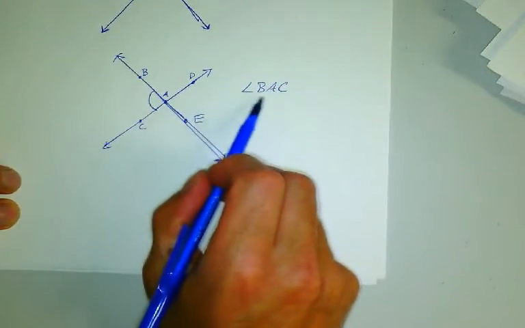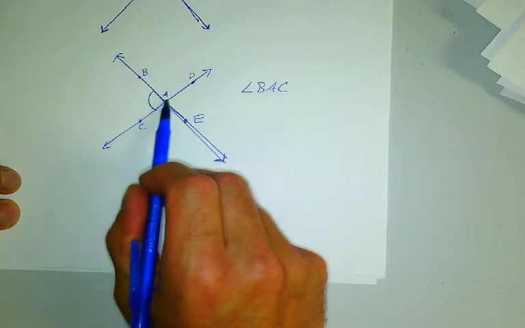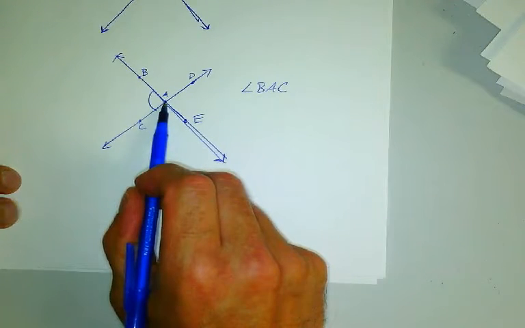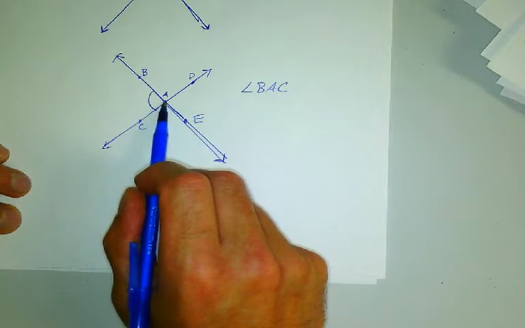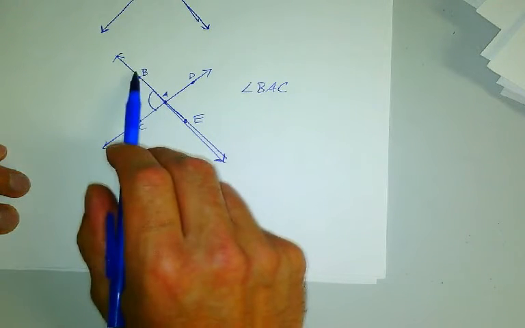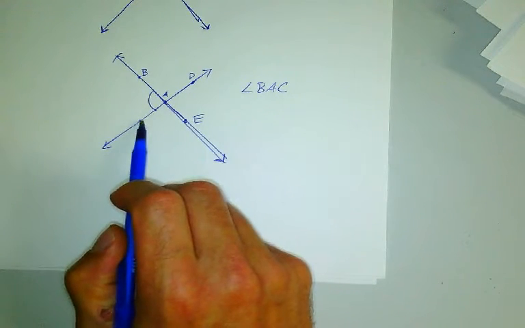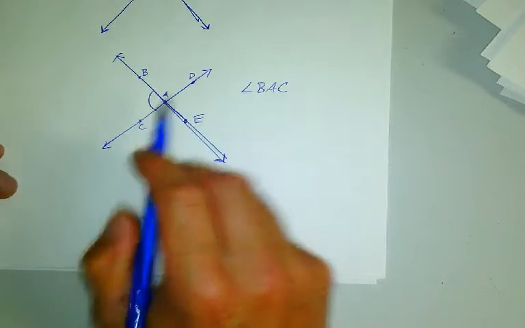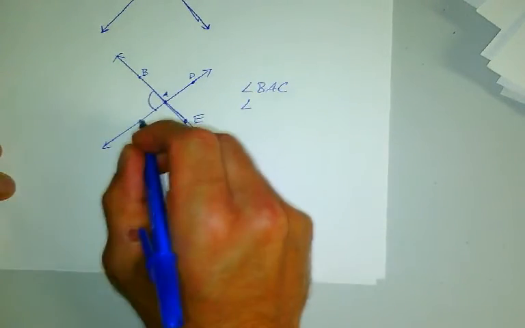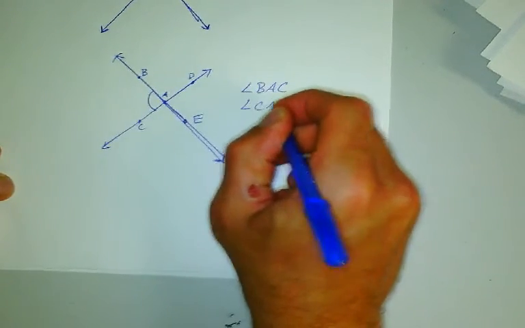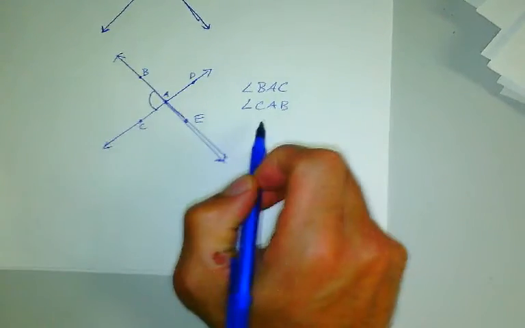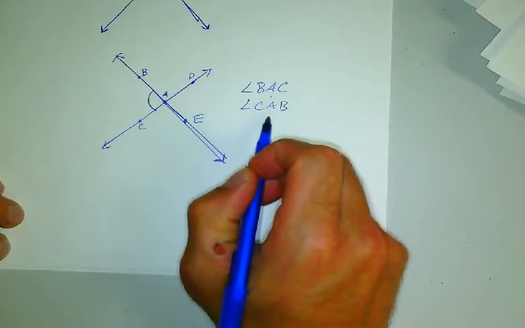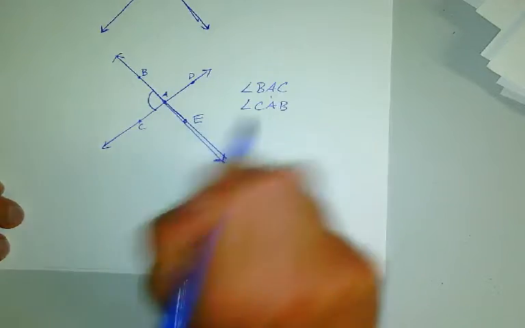The important part is that A is the vertex. That's basically the middle where that angle forms, where the two lines intersect. The vertex always has to be in the middle. So I could call this angle BAC, or I could also call this angle CAB. Same thing, really doesn't matter. As long as that vertex letter or the vertex point is in the center, you're good.